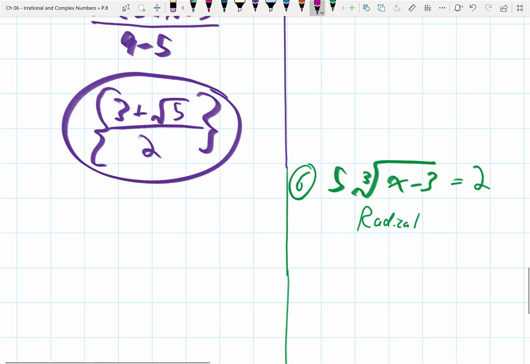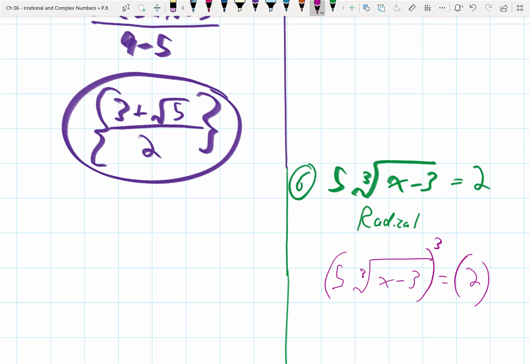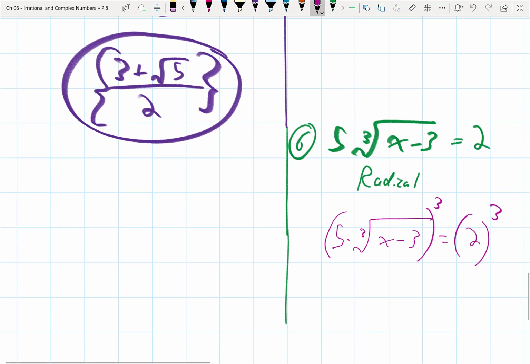What's the opposite of cubed rooting? Cubing. So let's take the 5 cubed root of x minus 3 equals 2 and raise the left side and the right side to the third power. I can do that because 5 cubed is 125.